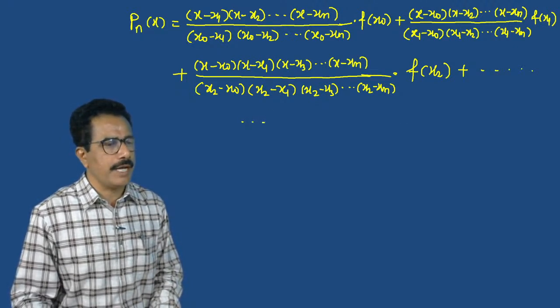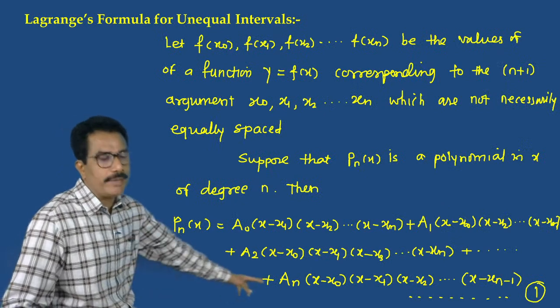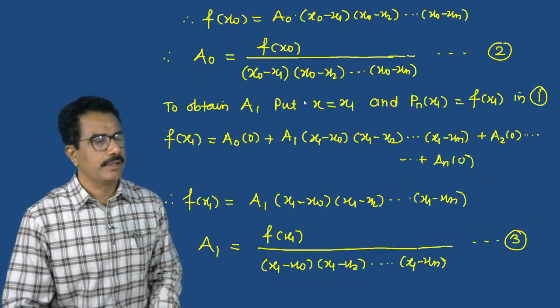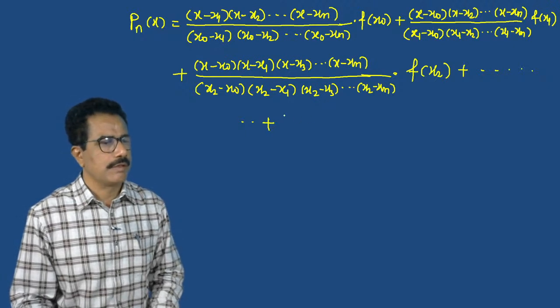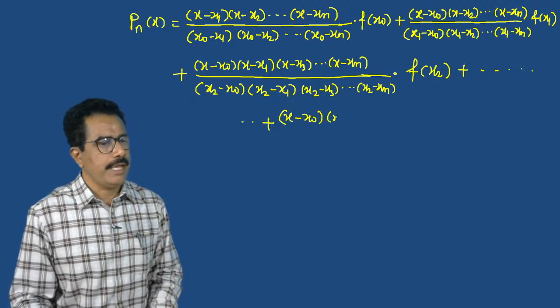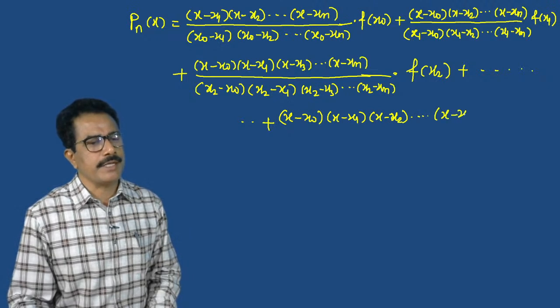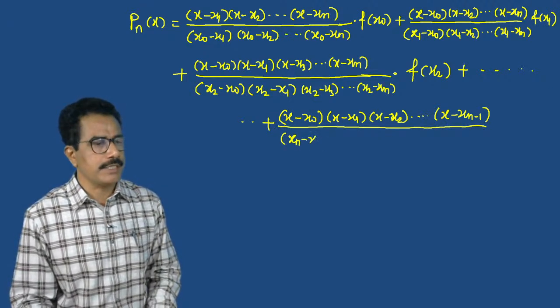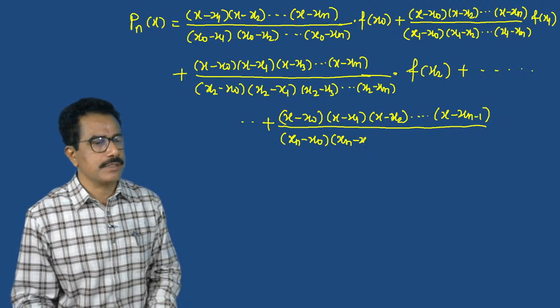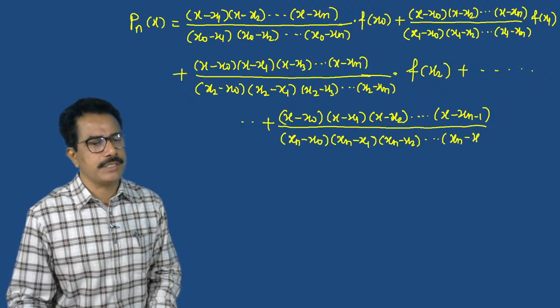dot plus last term येते पाहता an ची व्हॅल्यू ठेवल्यामुळं, so if we put the value of an, the numerator that is a bracket as it is x minus x0 x minus x1 x minus x2 dot dot dot x minus xn minus 1 divide by denominator येतो xn minus x0 xn minus x1 xn minus x2 dot dot dot xn minus xn minus 1 f of xn.